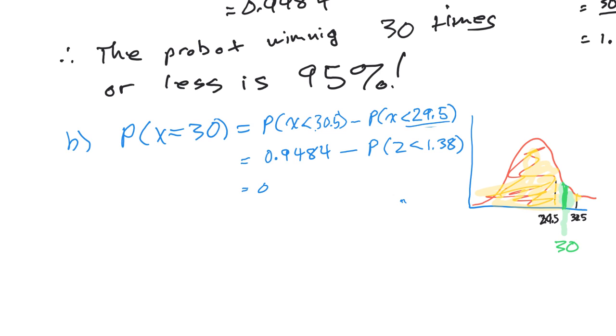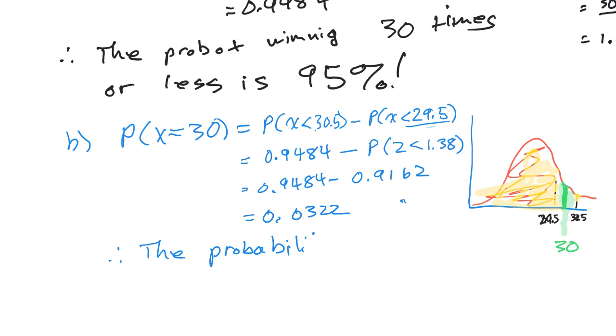So you've got 0.9484, and you're going to be subtracting 0.9162, and that's going to give us the answer 0.0322. Therefore, the probability of getting 30 is 3%. So now let's do the last problem.